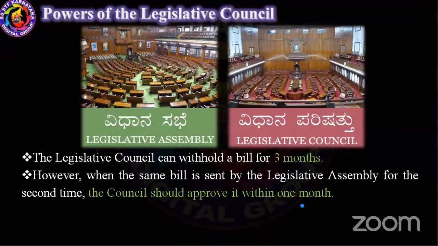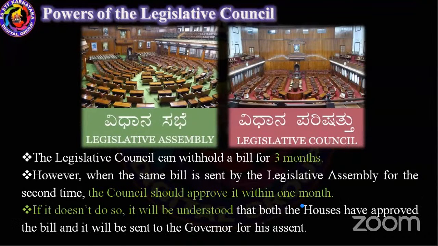First time 14 days, second time 1 month. If it doesn't do so, it will be understood that both houses have approved the bill, and it will be sent to the governor for his signature or assent.